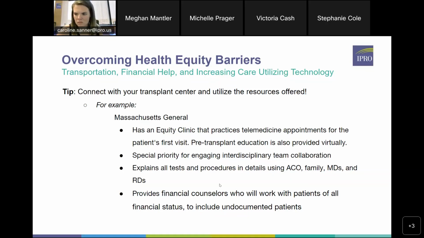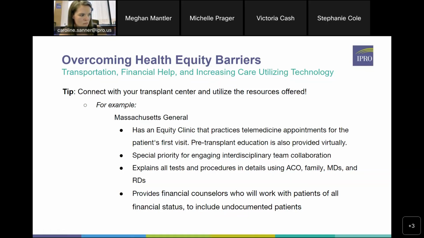They're also trying to get all of the workup done in 1 or 2 appointments rather than dragging it out over 3 months, so that patients who work double shifts, patients that have childcare duties, don't have to keep making trips out to Boston.